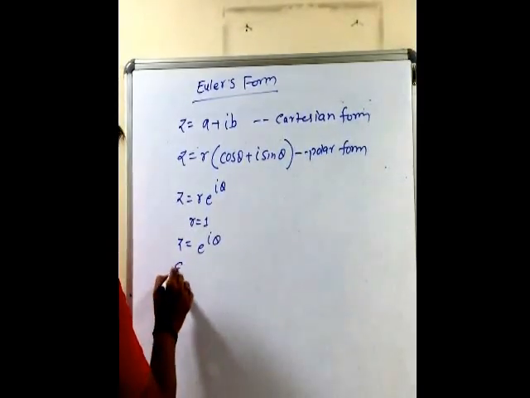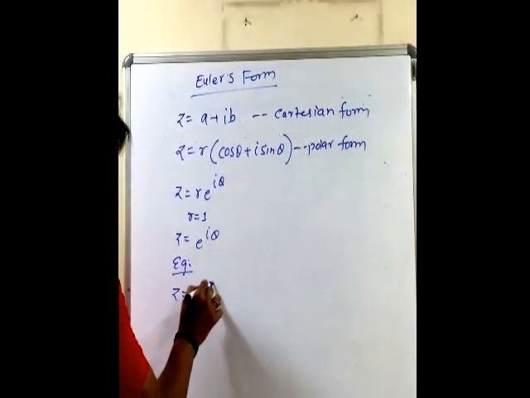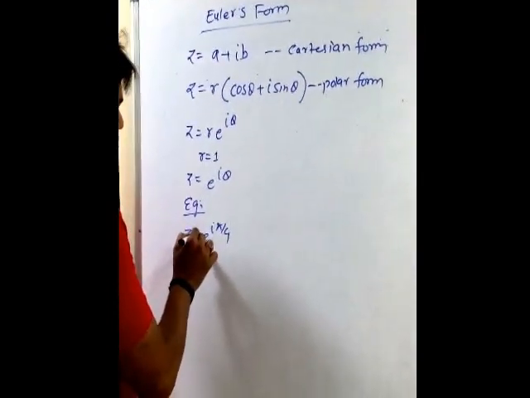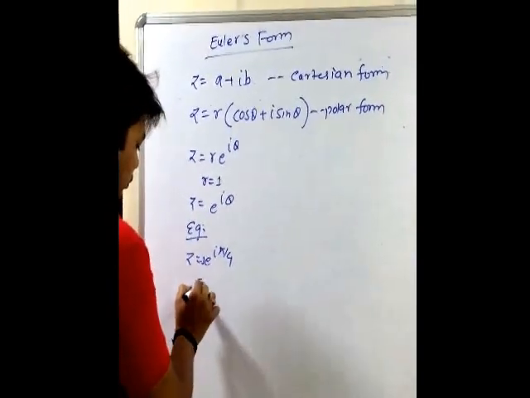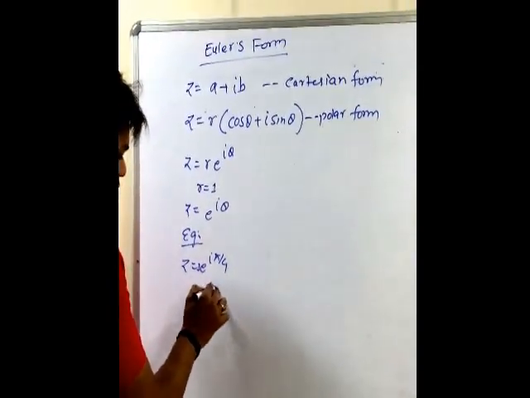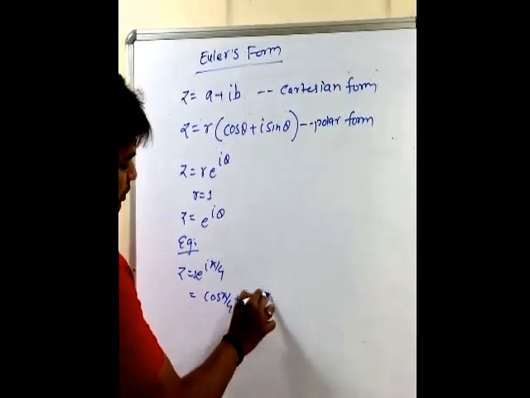So let's take some example. Suppose we have z is equal to e raised to i pi by 4. So here the modulus will be 1. Nothing has been written, so it will be 1. So the polar form is cos pi by 4 plus i sin pi by 4.